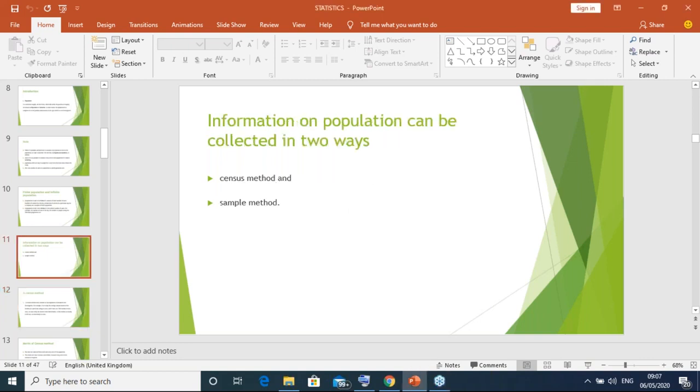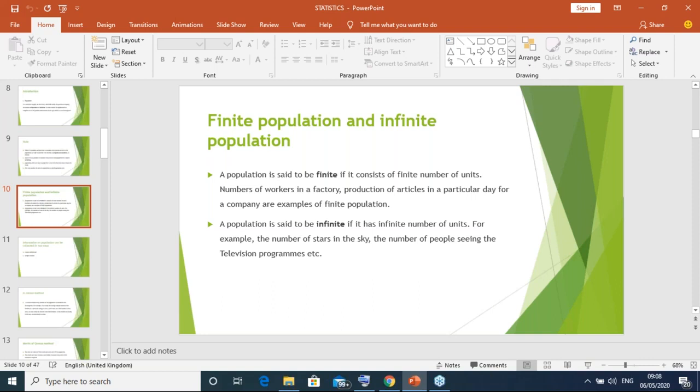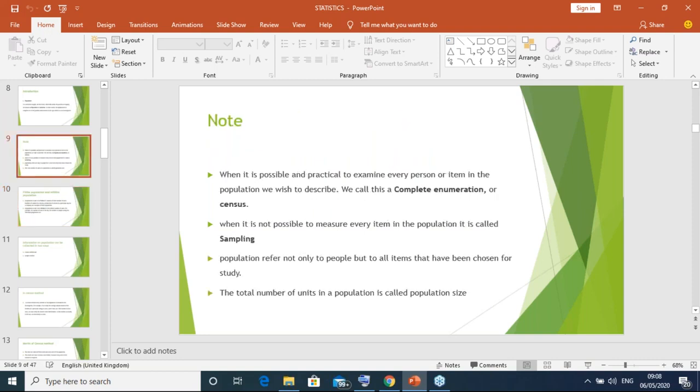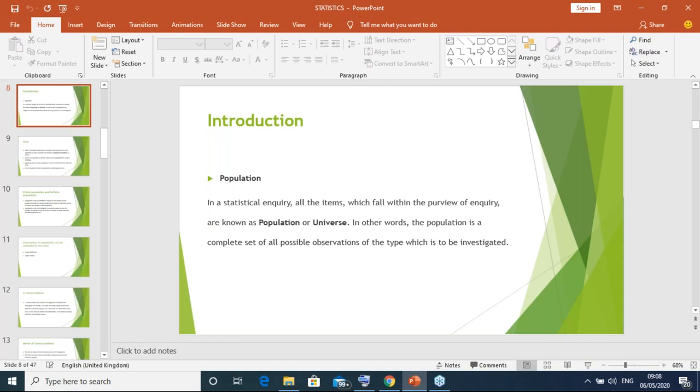We looked at the various definitions according to different persons, and then we looked at the four stages involved in statistics, which has to do with collection of data, presentation of this data, analysis of the data, and of course interpretation. We tried to explain it last week.